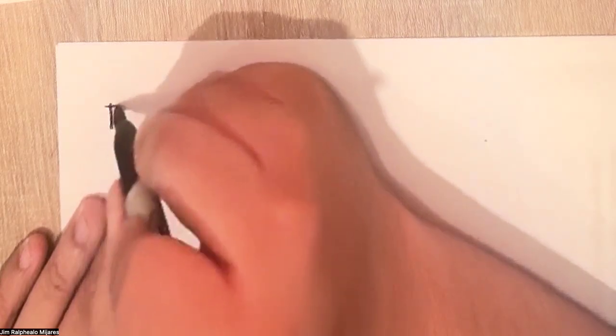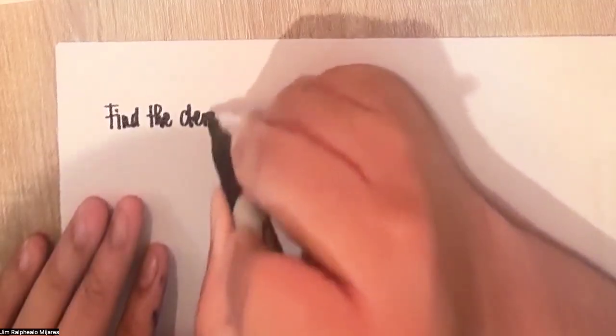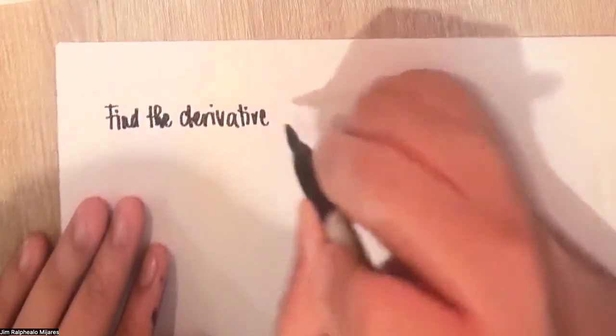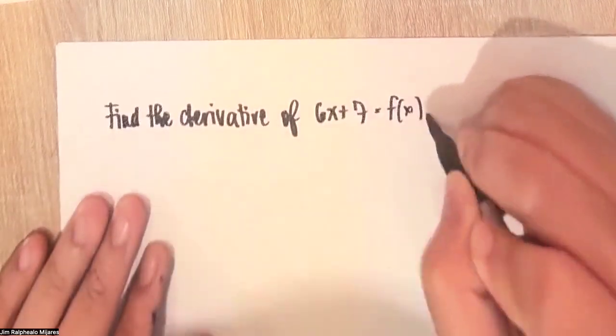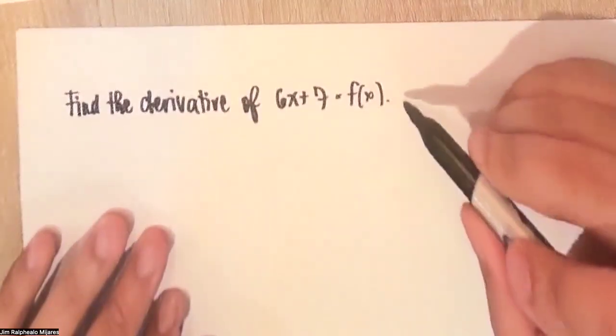Let's do one last example. Find the derivative of 6x plus 7 equals f of x using limits.